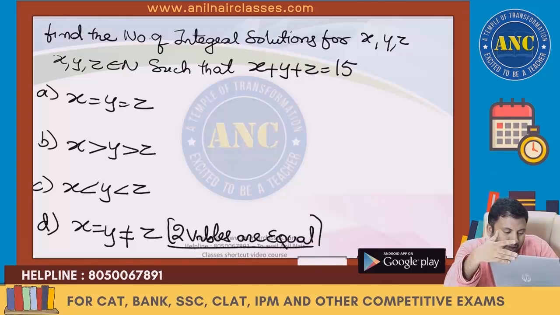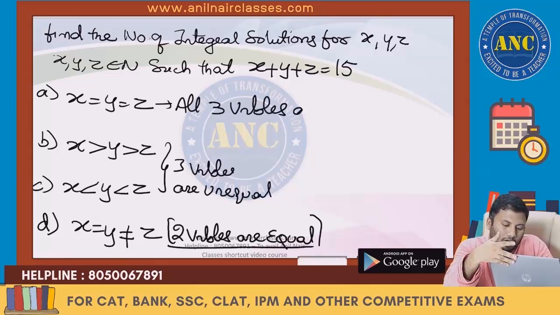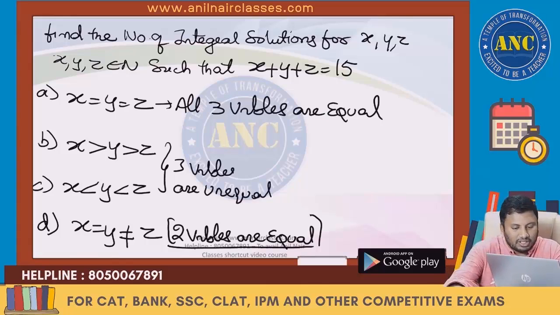So there are three cases: all the three variables are equal, three variables are unequal, and two variables are equal.